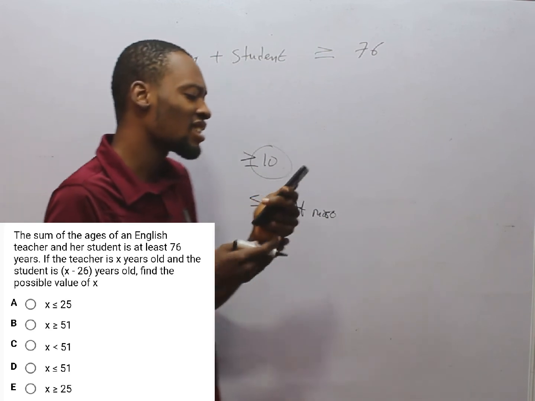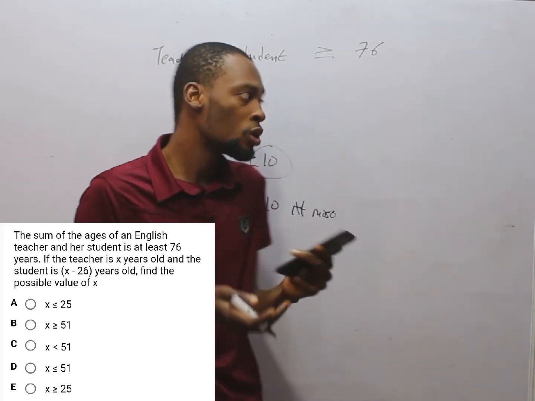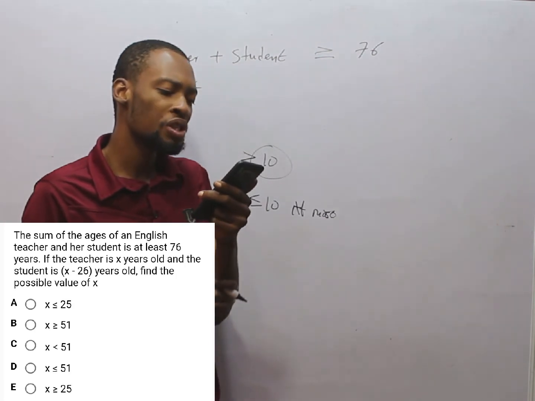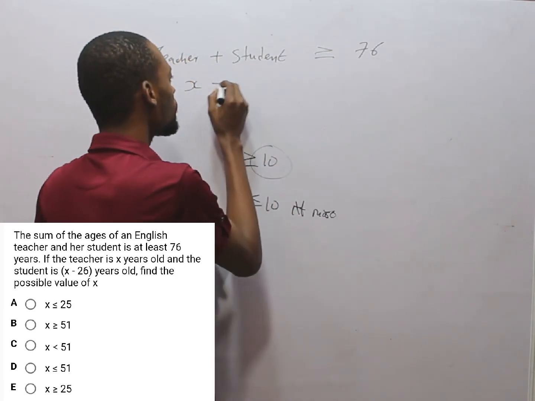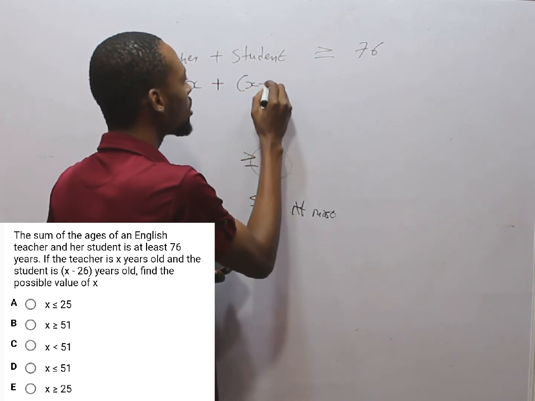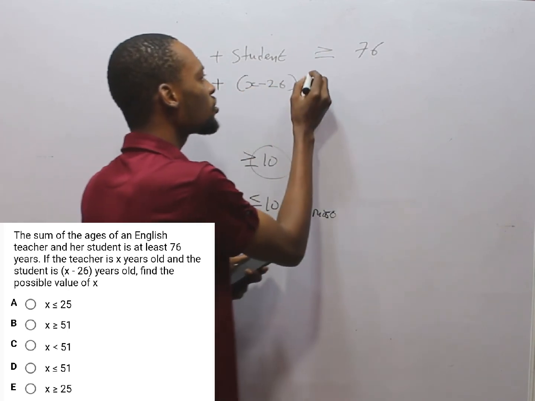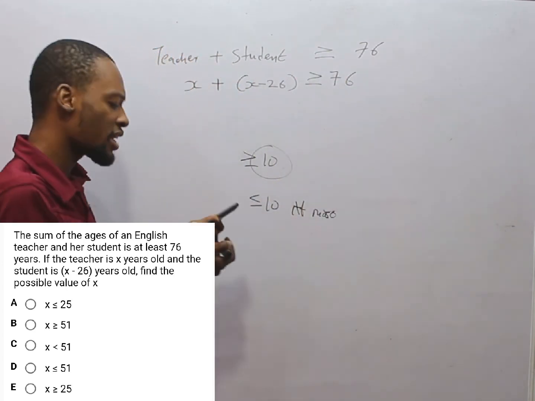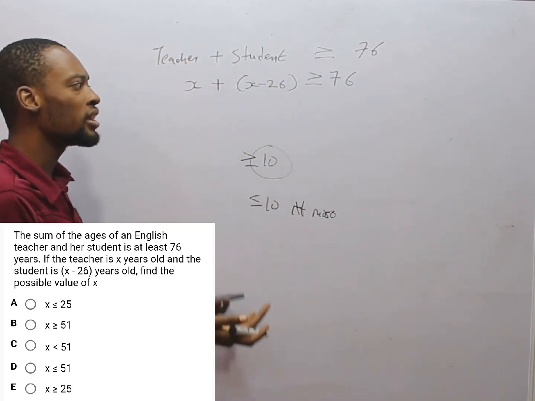And it further says that if the teacher is S years old, which means teacher is S, and the student is S minus 26 years old, so the sum, S plus S minus 26, is greater than or equal to 76. With this, food is ready. You are able to solve the inequality.